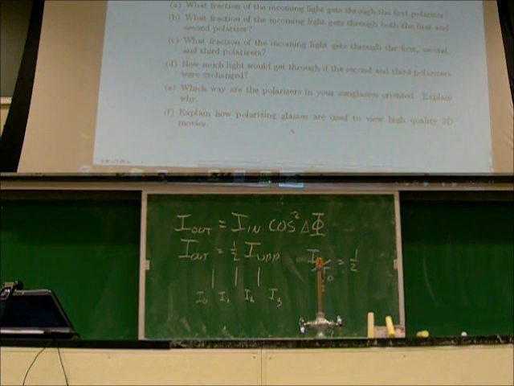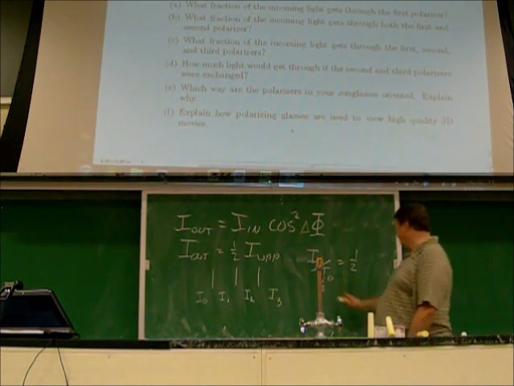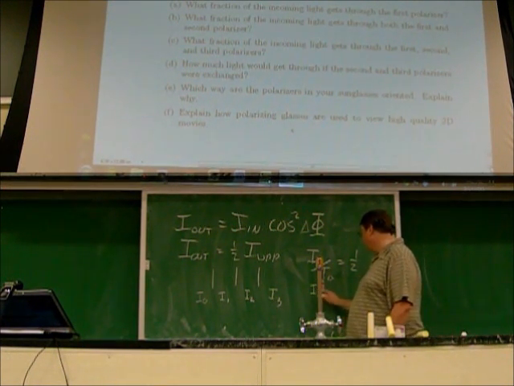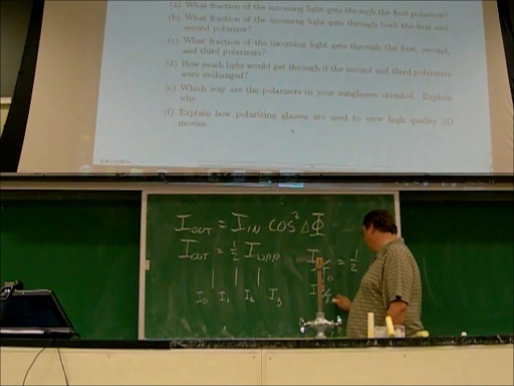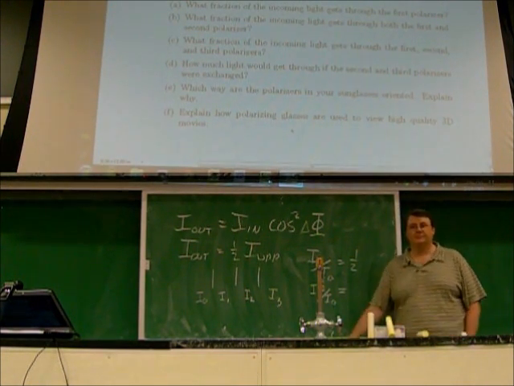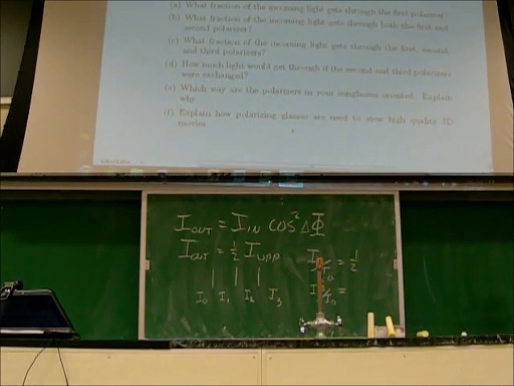What fraction of the incoming light gets through both polarizers? That's asking for I2 over I0. So half of it gets through the first one, and how much of that half gets through the next one? Cosine squared of 30.